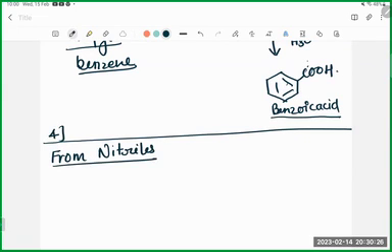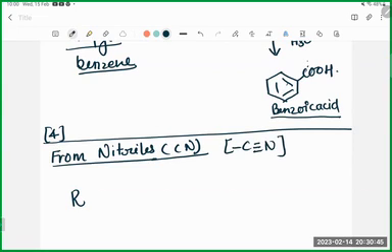Let's learn from nitriles. So what is nitrile, Hridaya? It's CN, cyanide. It is always called nitrile. What type of bond is present between them? Carbon triple bond nitrogen. That's why for the carbonyl group we will be utilizing this compound as the reactant, because here we always have the carbon triple covalent bond.